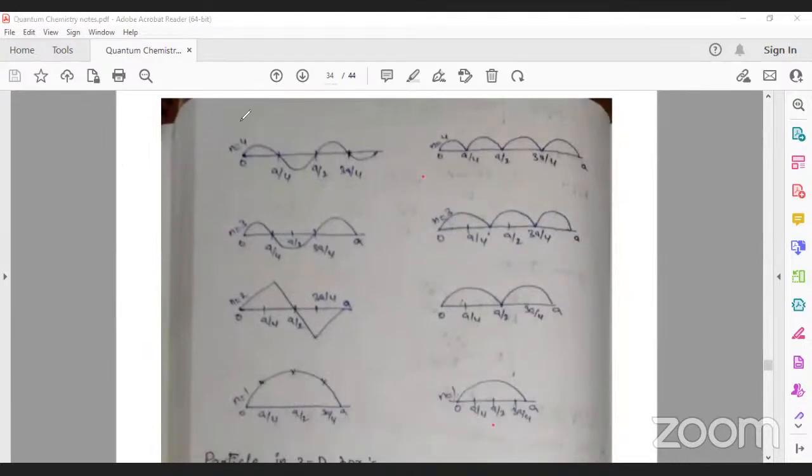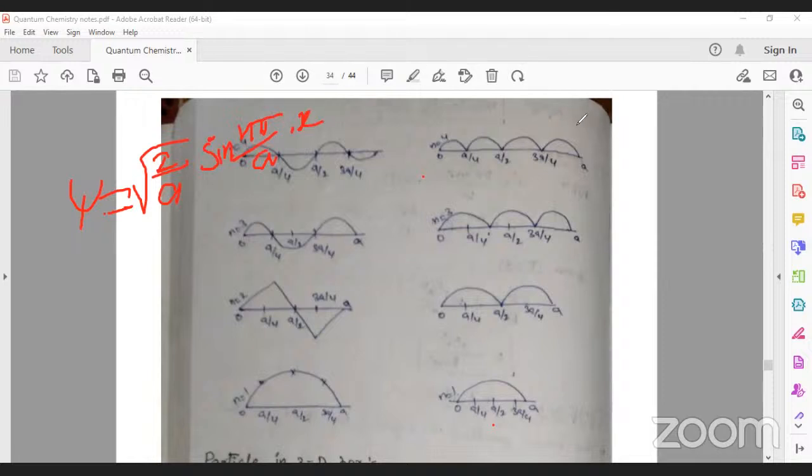The left-hand side indicates psi, that is, psi equals square root of 2 by a, into sin n pi by a into x.